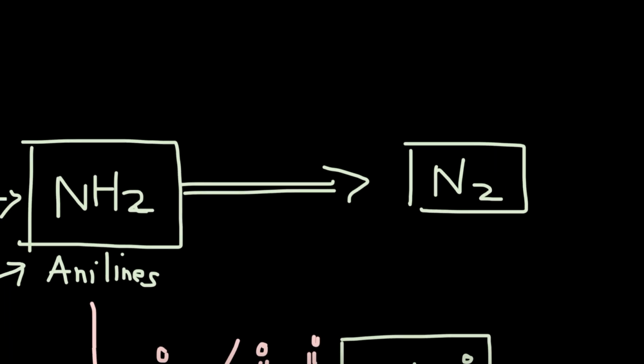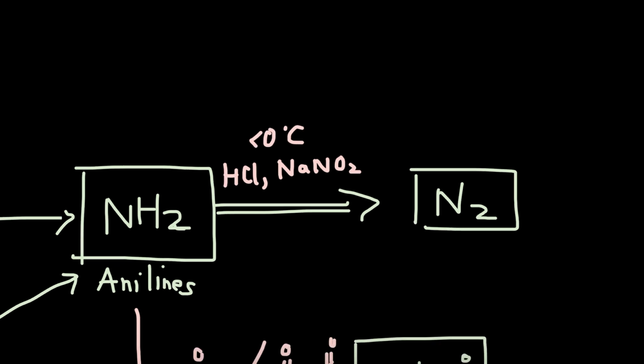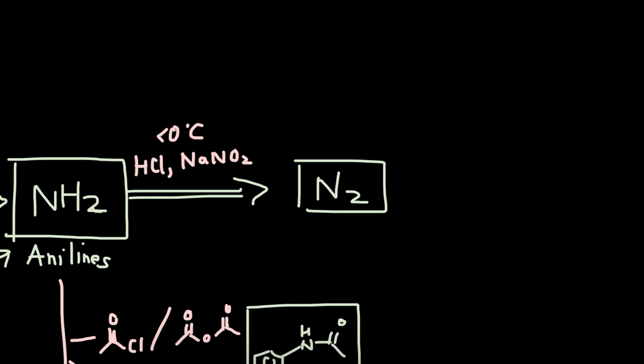This is super useful, and it can be synthesized using acid combined with NaNO2, but this time we use cold temperature. Be sure to mention that on the exam. So this is super useful because it's a super good leaving group that can undergo substitution with other functional groups.